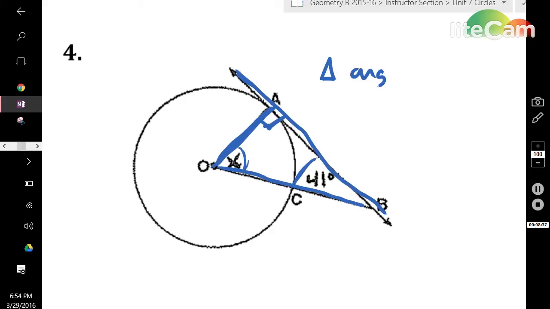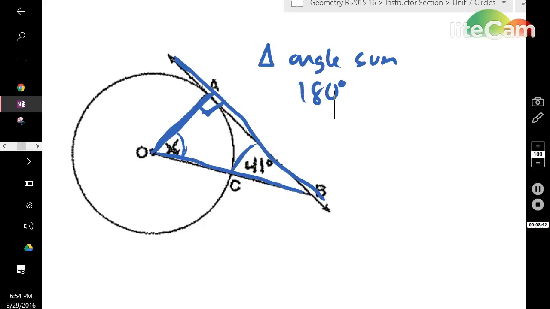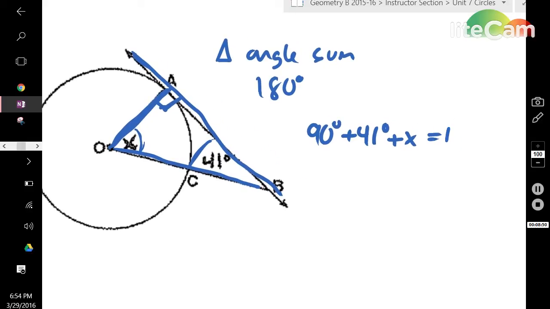Triangle angle sum is always 180 degrees. And I have 3 angles, 2 of which I know, 90 and 41 degrees. And you add the X, and you get a sum of 180, which creates our equation. So 90 plus 41, 131 degrees.